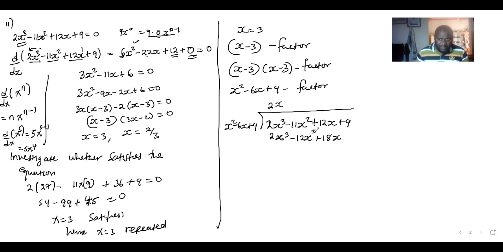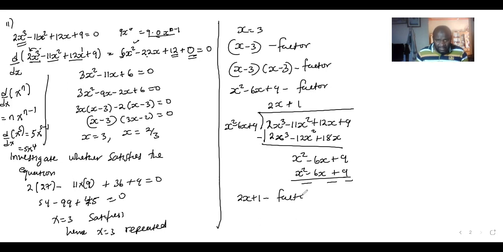When you subtract, we attain x squared minus 6x plus 9. So this will give us plus 1 of x squared minus 6x plus 9. Hence the remainder is 0. Therefore, the other factor is the quotient we have got, which is 2x plus 1.